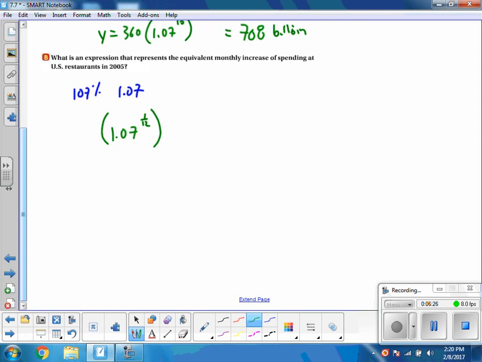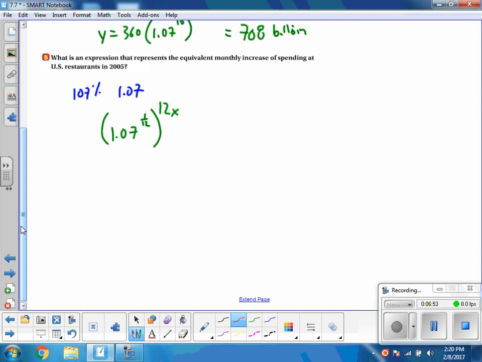And then I need to look at my timing. If we see x as being the year, there's 12 months in a year. So I'm going to do 12 times however many years you tell me. So if you say 2 years here, I'm going to multiply that by 12. This is not something that I need you to actually replicate. I just want you to keep an eye on the other ways exponents show up in the world around us, like in this situation.